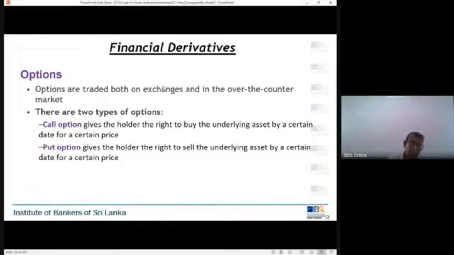So if you really talk about options, we had options, I don't know if you can remember, you may have been small at that time. The oil prices had gone up, right? Oil prices had gone up. So the Petroleum Corporation entered into options contracts with Bank of Ceylon, People's Bank, Standard Chartered Bank and HSBC, right? We entered into the option because the price was going up.